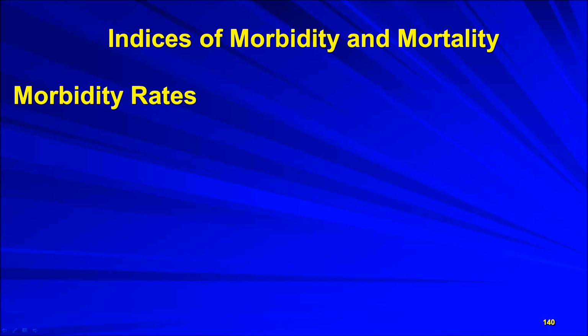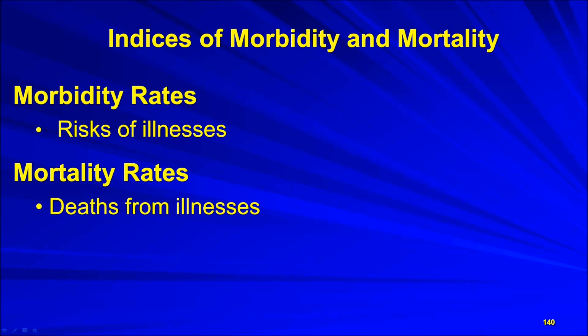Now, we have morbidity rates, which of course is the risk of illness. We have mortality rates, and that has deaths from illness. And last, we have birth rates. How do you think the economy and birth rates are connected, or are they connected at all? Do you have any idea about that? Well, what we notice is when we have a poor economy, birth rates go down.